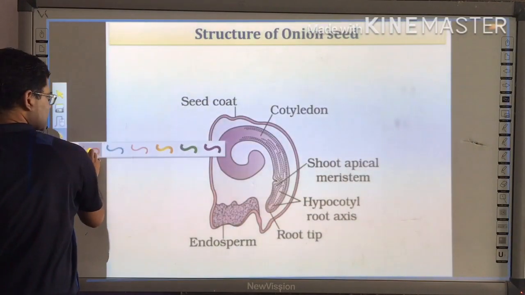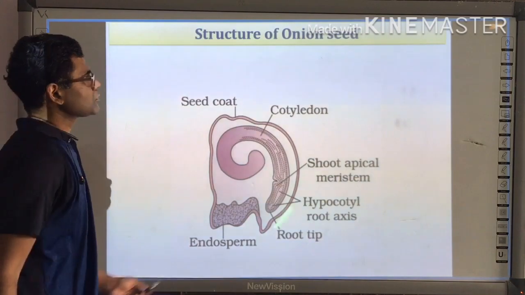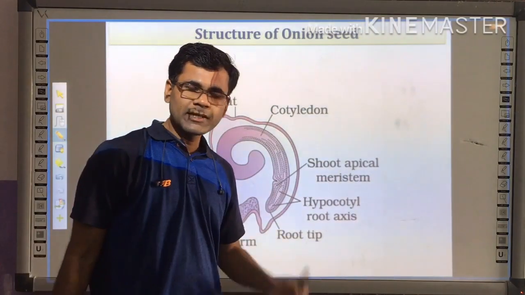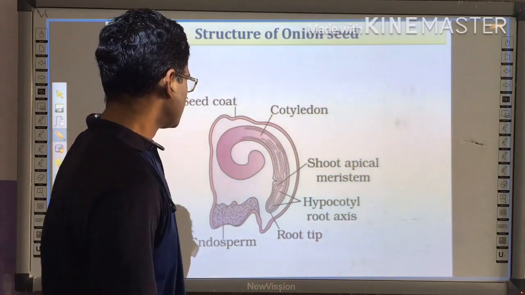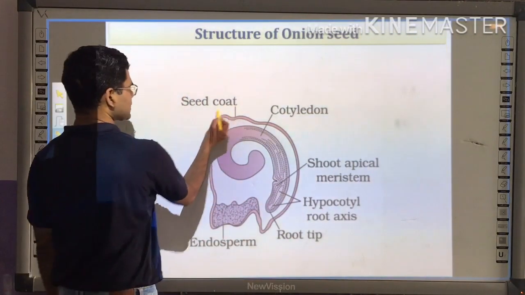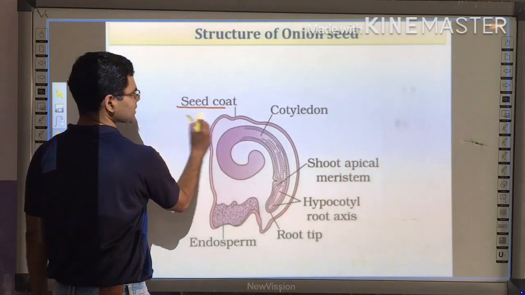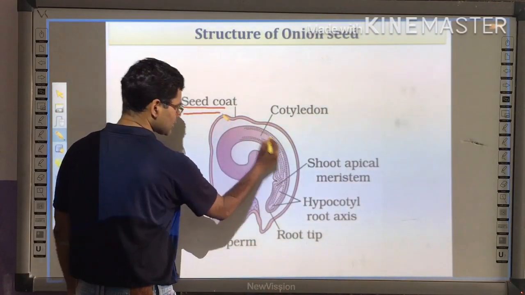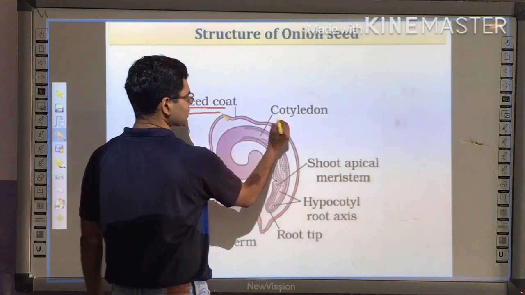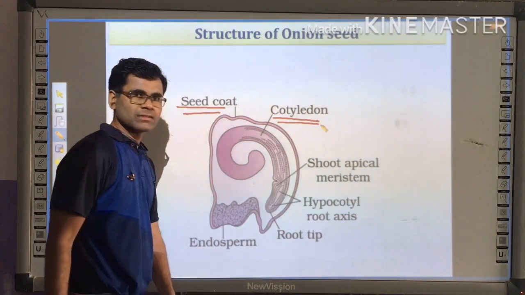Next, a very interesting structure which is there in your book also, that is the seed of an onion, right? So again we can discuss the structure. The outermost layer is the seed coat. This seed coat has, you can see here, a structure like this. This structure is called the cotyledon.